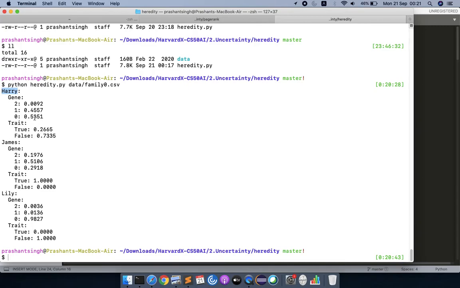That means the probability that he has zero copies of that GJB2 gene is higher.